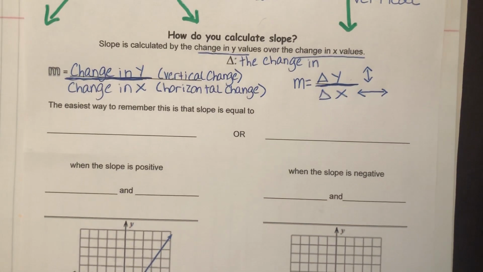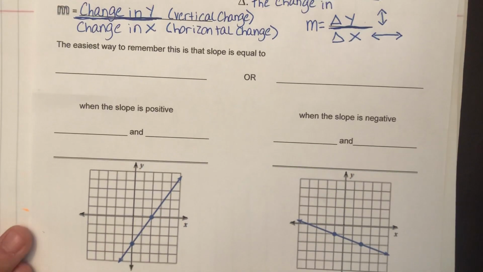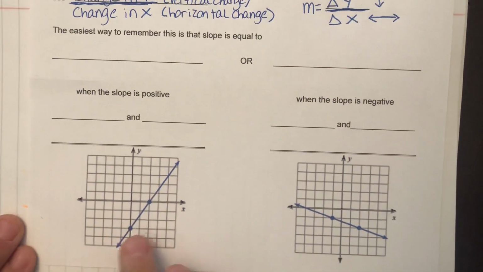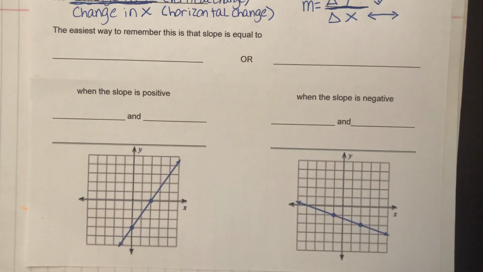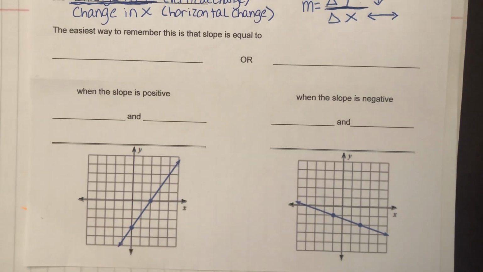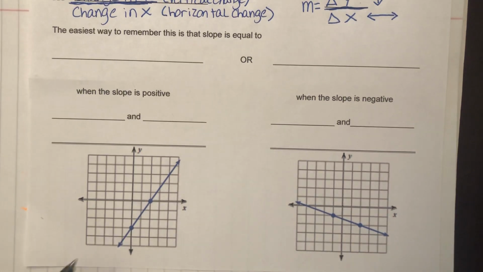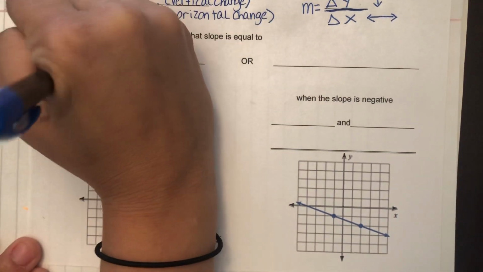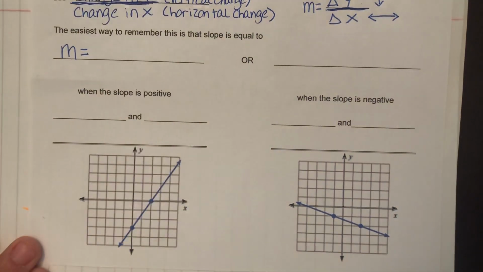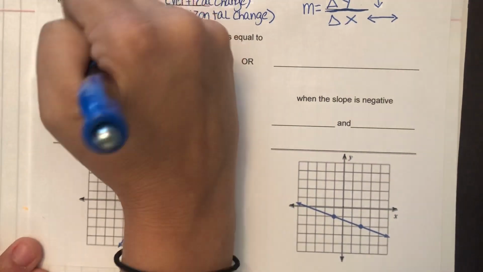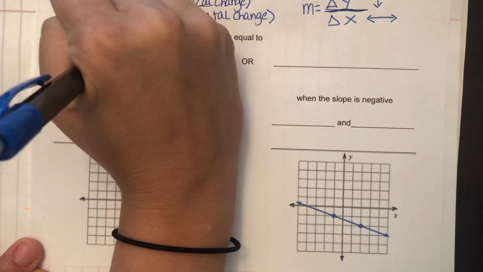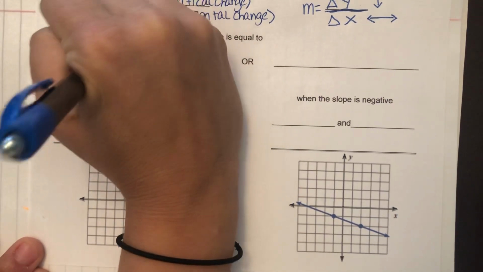So that's how we calculate it. When we're looking at a graph, let's say we were looking at this graph right here. We can look at this line and we can identify that it has a positive slope. Slope Dude would be going up the mountain here. So it's a positive slope, and when you have a positive slope, slope equals the rise over the run.